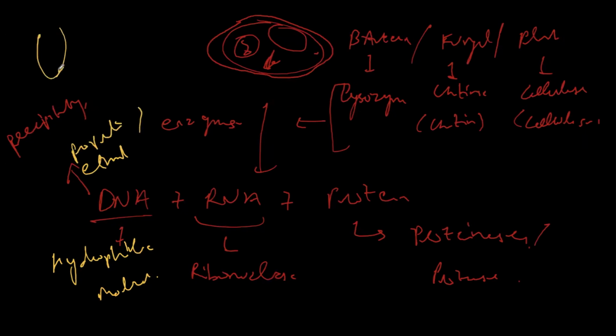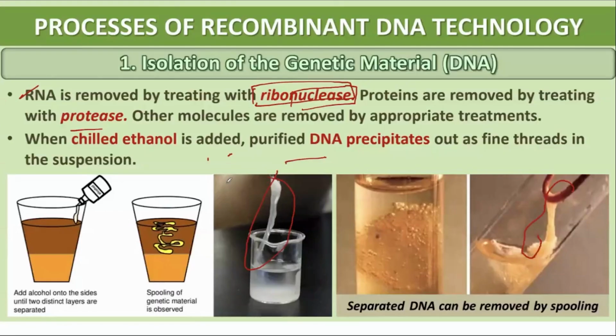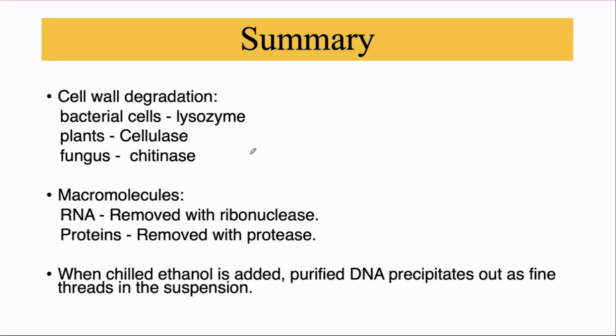After the precipitation, we can spool it down, or you can just take it out. So this was the entire process. In summary, and this is what you need to memorize because it is often asked about the process of rDNA technology: first you need to remember the cell walls, and what kind of enzyme is used to break them.